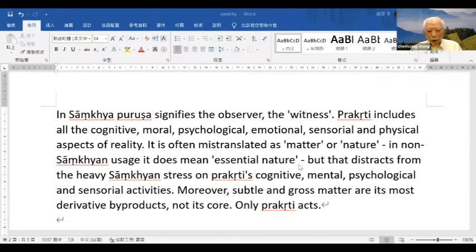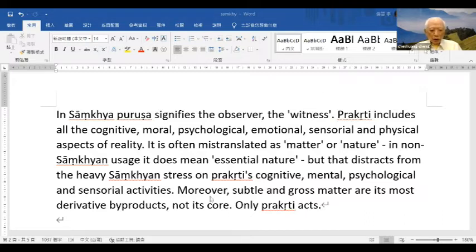In other schools or other philosophies beyond Samkhya, Prakriti means essential nature or self nature. But in Samkhya philosophy, it is different. That distracts from the heavy Samkhya stress on Prakriti's cognitive, mental, psychological, and sensorial activities. Moreover, subtle and gross matter are mostly derivative byproducts, not its core.